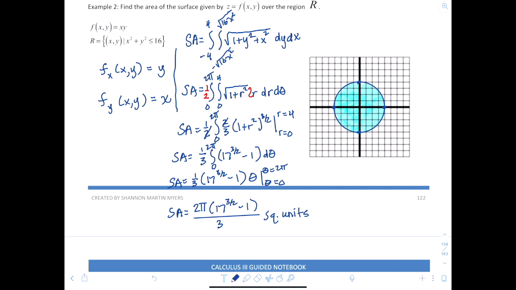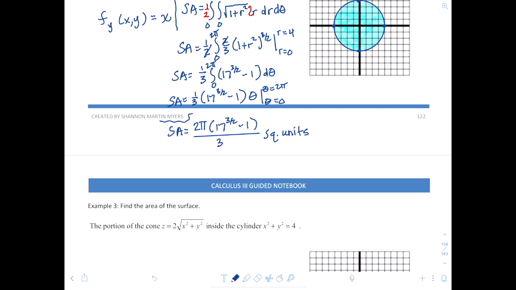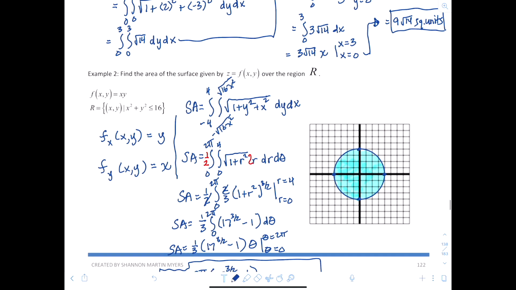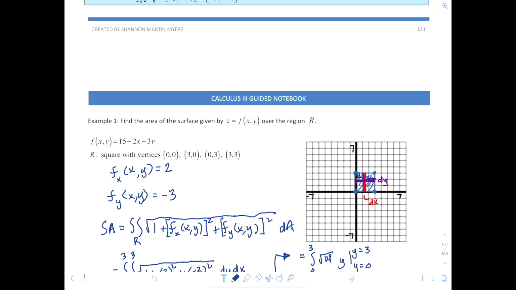Cool? All right, so that's our result here. And remember, this was our region R in that problem.